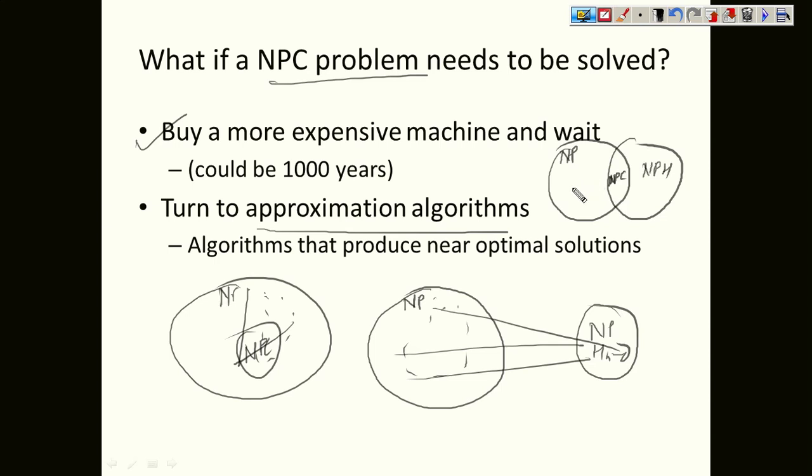And also there is one more assumption. Though we have many arguments on this, there is one notation that has also been popular. You may come across: we write P equals NP equals NPC.